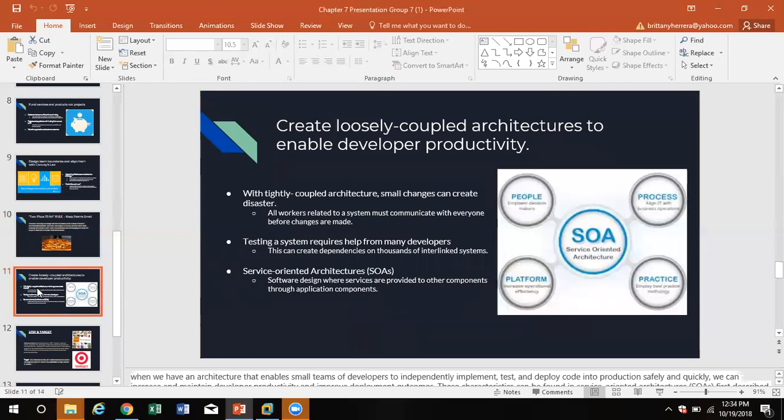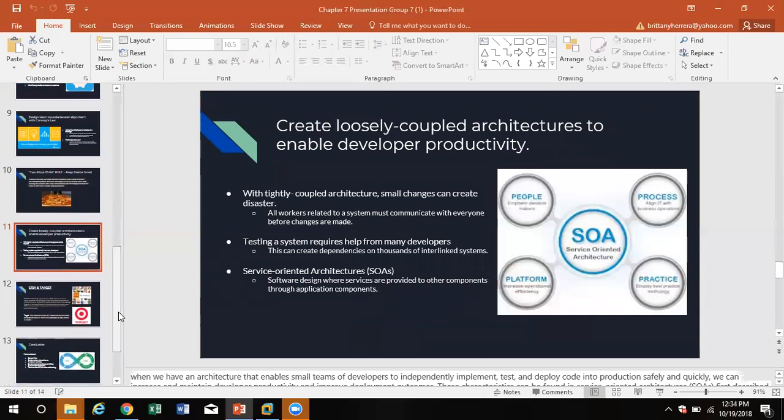We need to create loosely coupled architectures to enable developers' productivity. So with tightly coupled architecture, small changes can create disaster. All workers related to a system must communicate with everyone before changes are made. And then testing a system requires help from many developers, and that can create dependencies on thousands of interlinked systems.